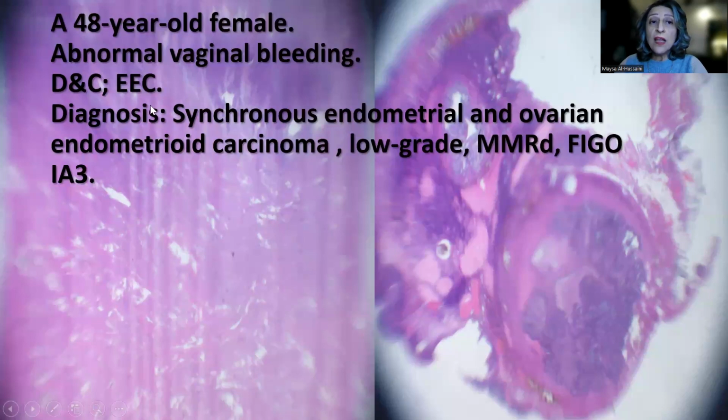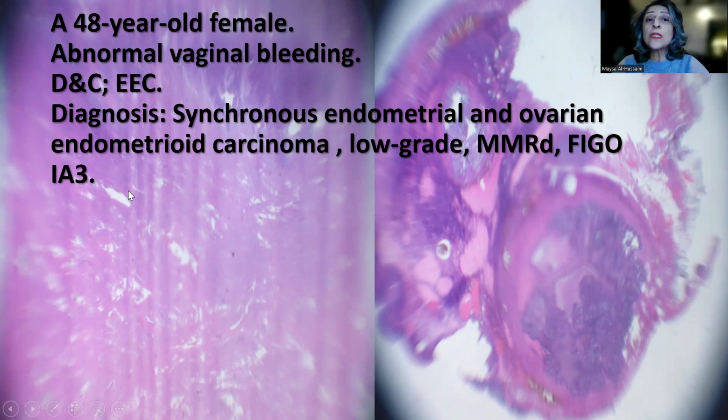So the final diagnosis in this case is synchronous endometrial and ovarian endometrioid carcinoma. Importantly, low-grade tumor, MMR deficient, and according to the 2023 FIGO staging system, this would be considered FIGO 1A3.